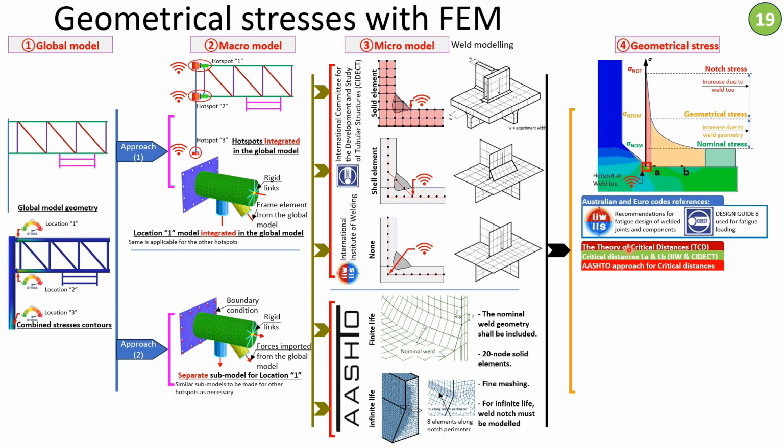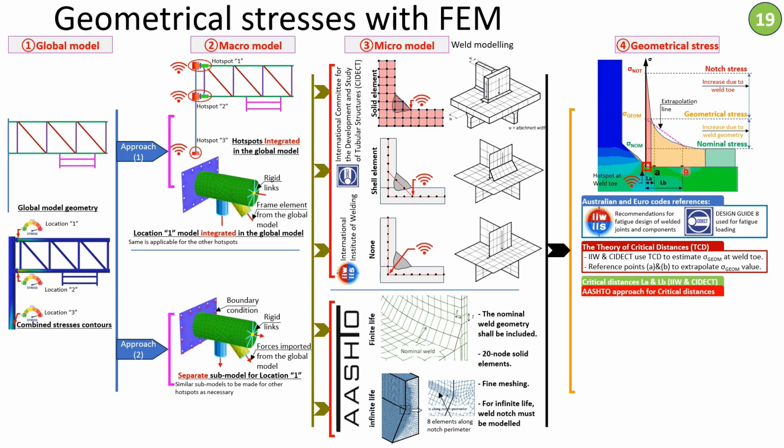In these documents, you will find out how we are going to model the weld. Okay, and these documents use the theory of critical distance to locate point A and point B, and to use those points for extrapolation to build an extrapolation line. From there, past point A, we can read the geometrical stresses as we can see.